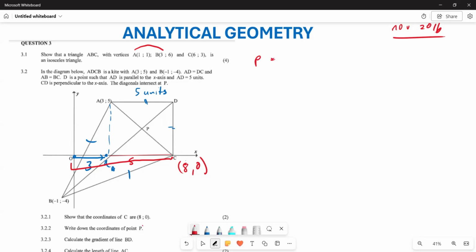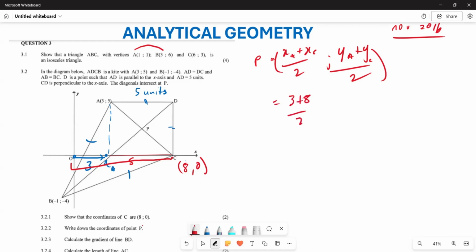Which means you can say the x of A plus the x of C divided by 2, and the y of A plus the y of C divided by 2, and you can find out your P altogether. So this is going to be the x of A, which is 3, plus 8 over 2, and the other one is 5 plus 0 over 2.